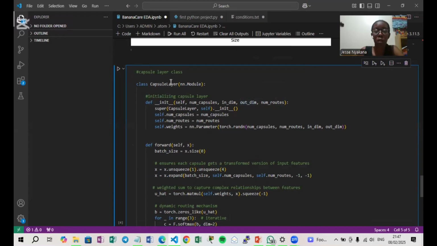The capsule layer also improves robustness to variations like lighting, occlusions and rotations.